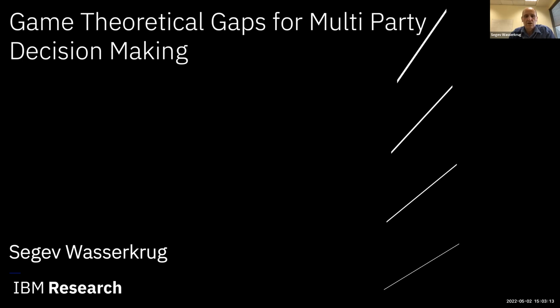Ultimately, our goal is to help our clients and help IBM make business impact. This has been my focus and my passion throughout my career in IBM. What I want to talk about today is the challenges in using game theory to extend this capability. So let me start with some background.